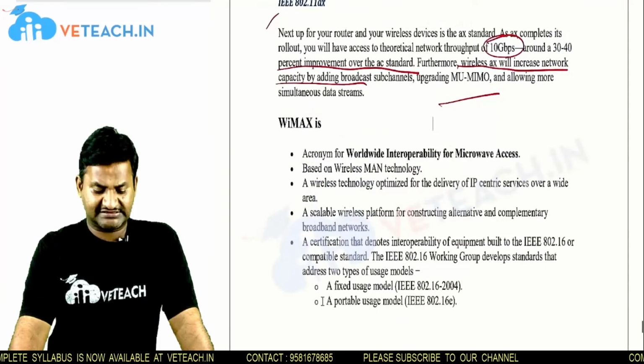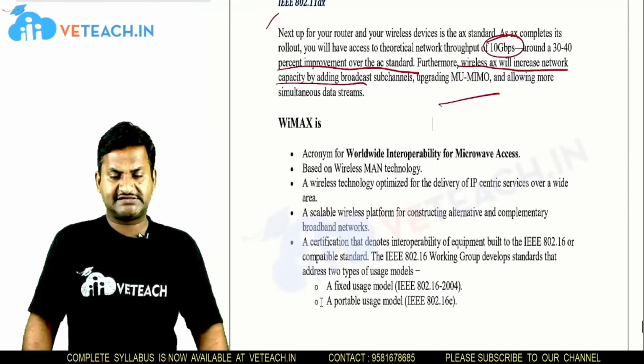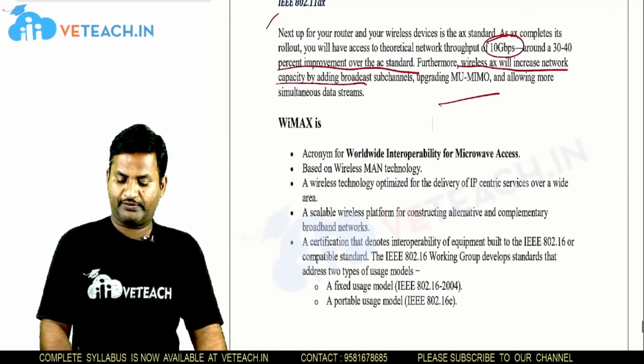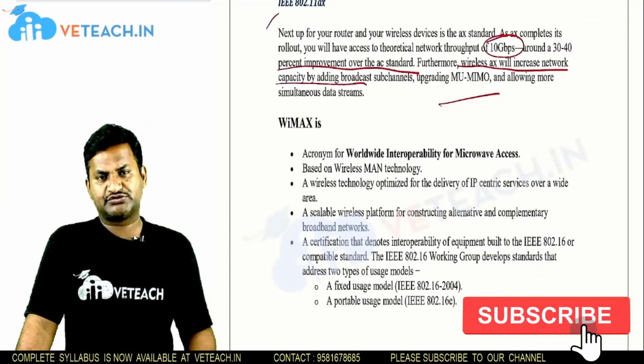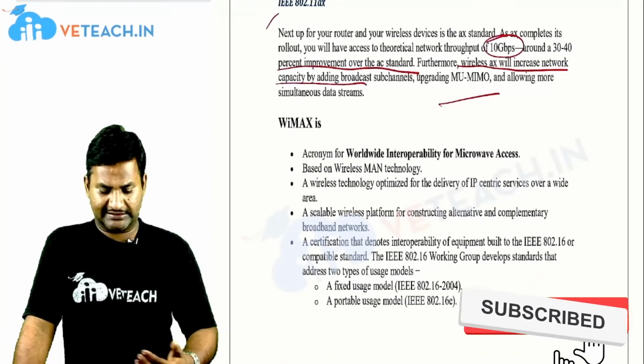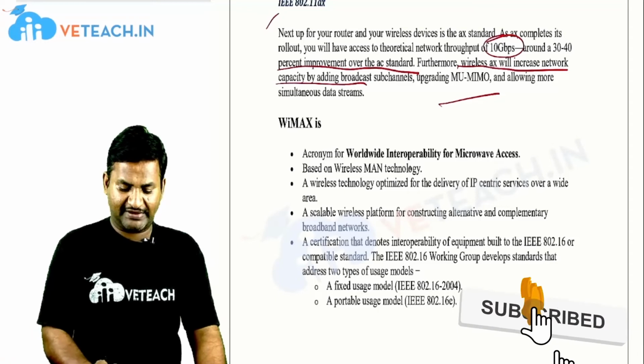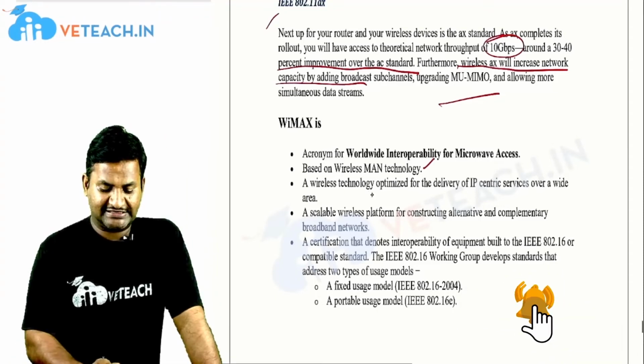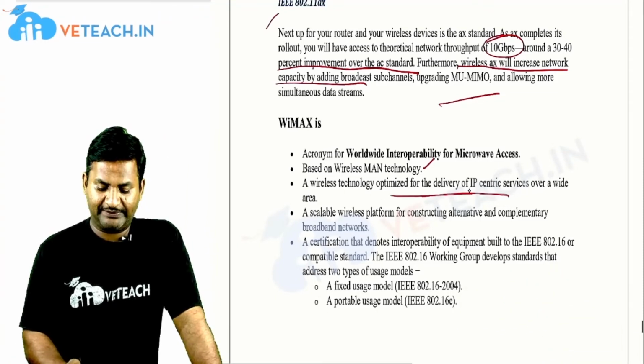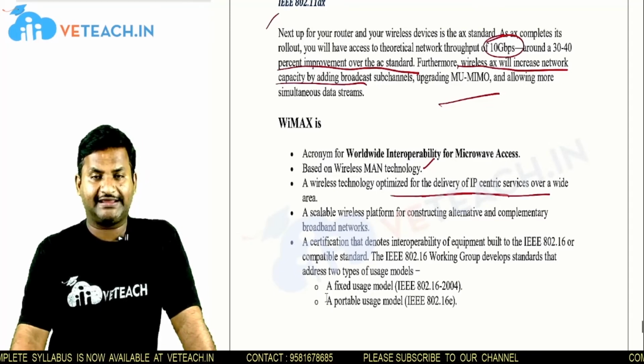The second topic is WiMAX. WiMAX is an acronym for Worldwide Interoperability for Microwave Access. It is a broadband wireless MAN technology, optimized for the delivery of IP-centric services over a wide area.